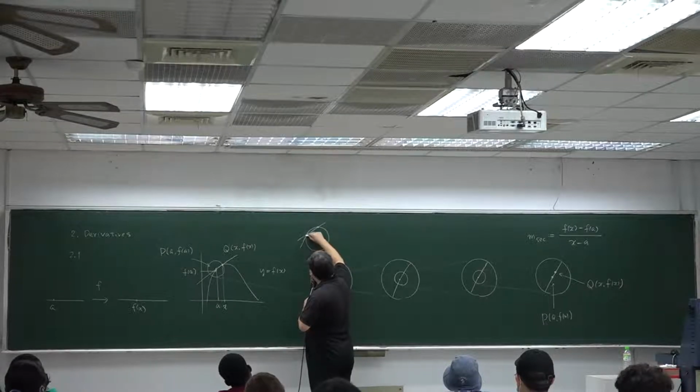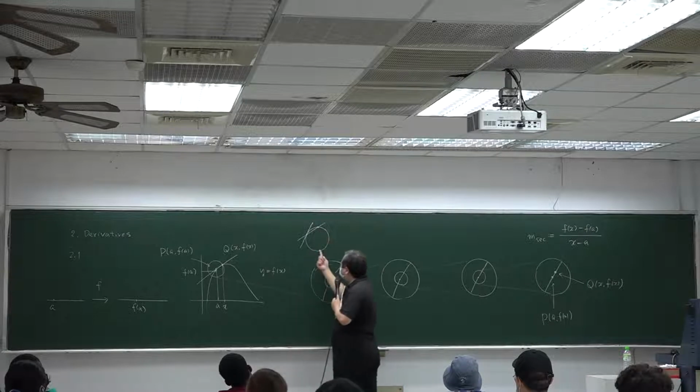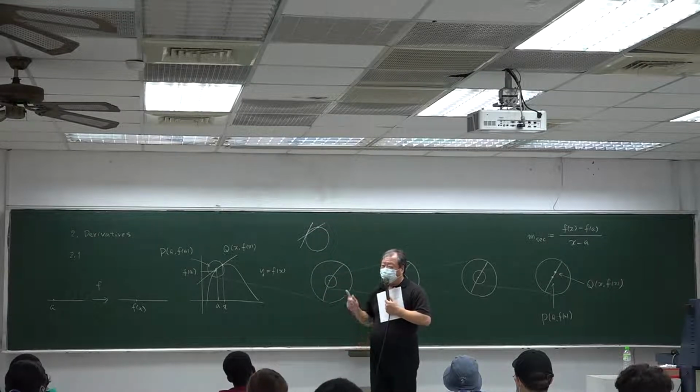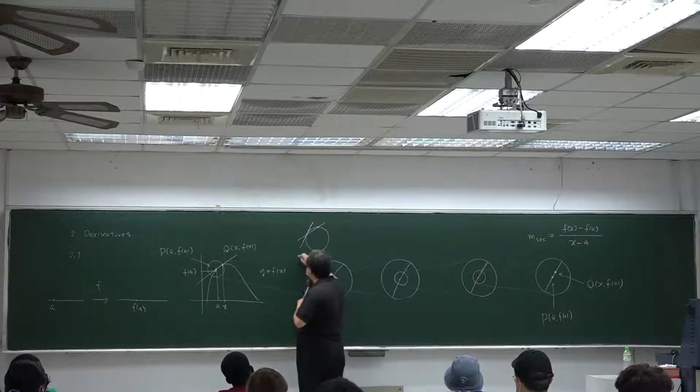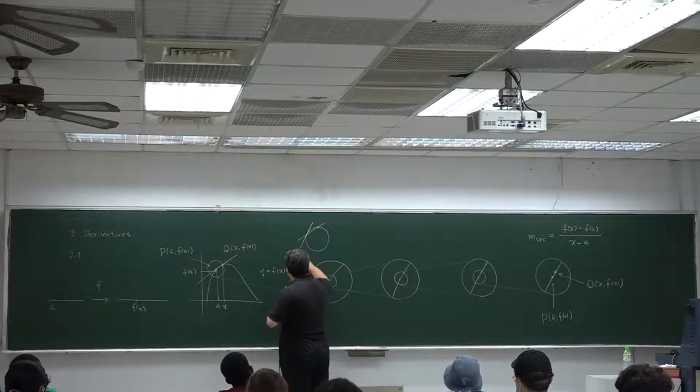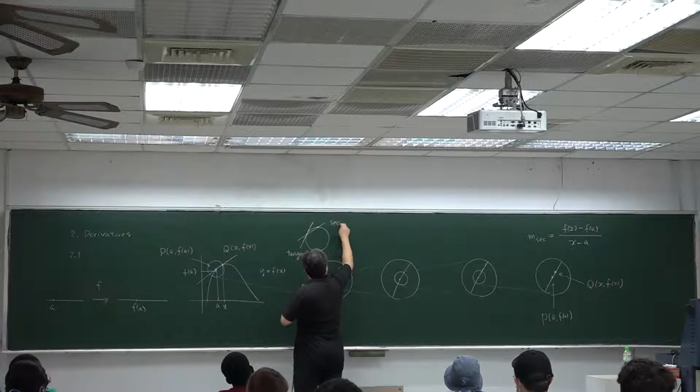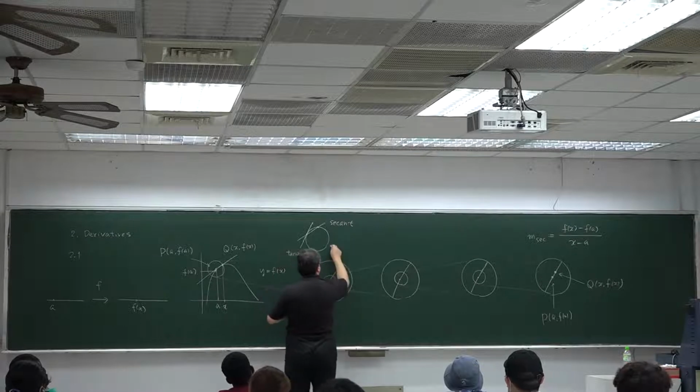If a straight line intersects this circle at exactly one point, then this is a tangent, or tangent line. Secant line, tangent line. This is a circle.